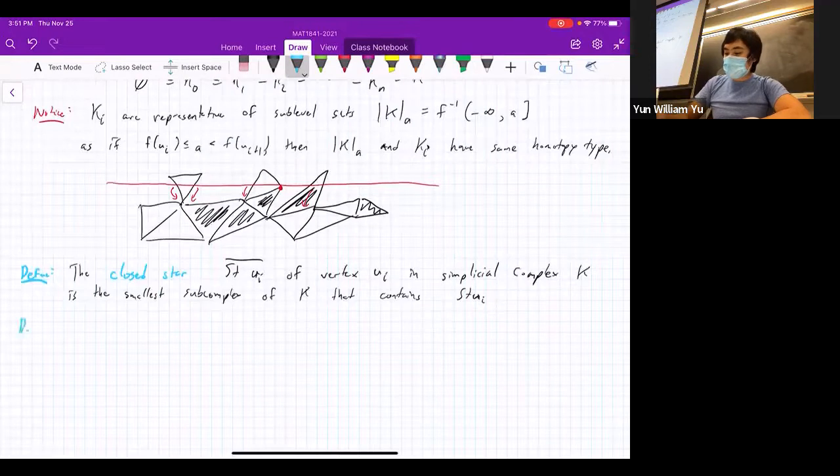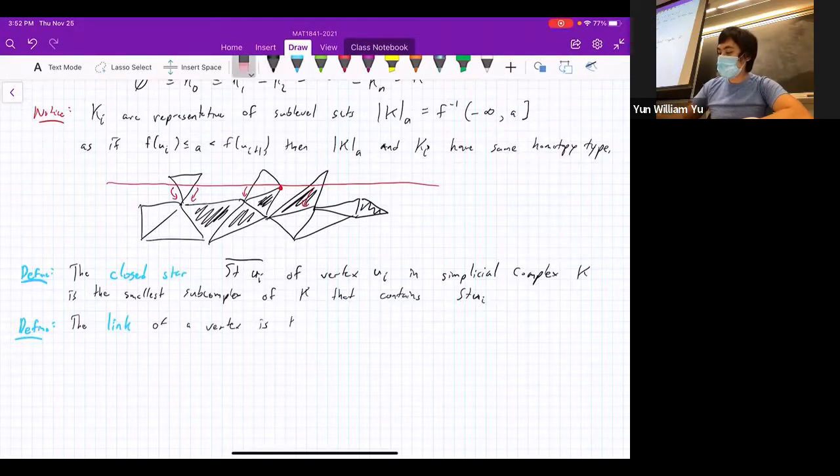And once you've defined the closed star, you can define, well, everything that you've added. So the link of a vertex is, well, it's basically everything that's in the closed star minus, well, everything that was in the star itself.